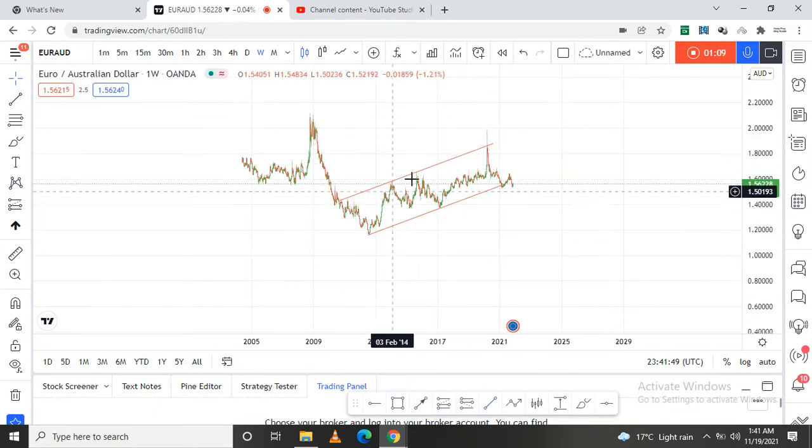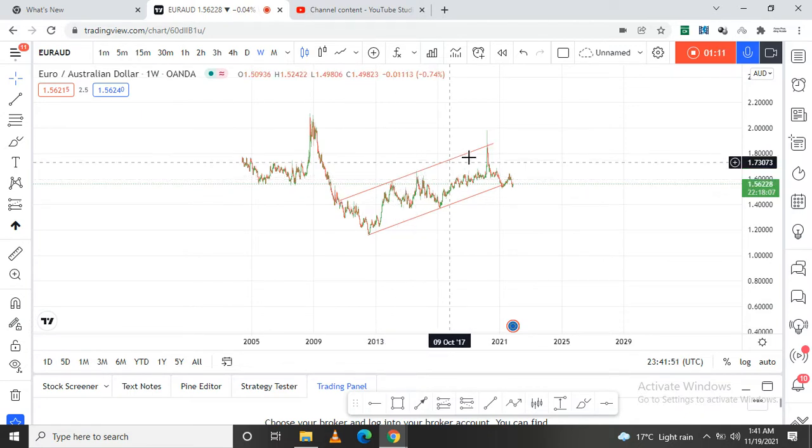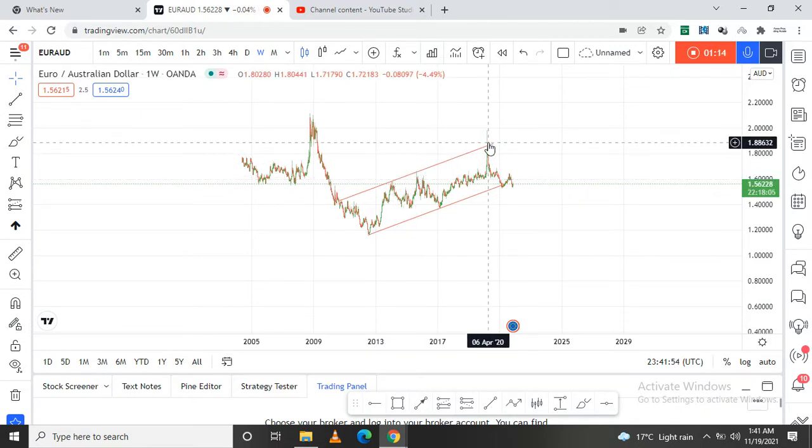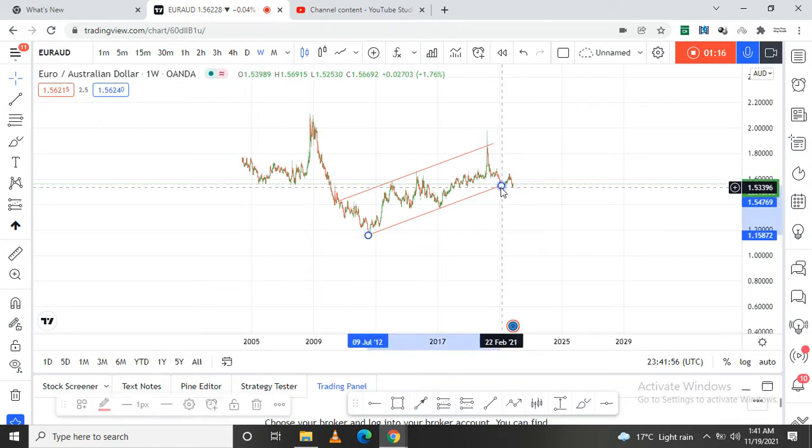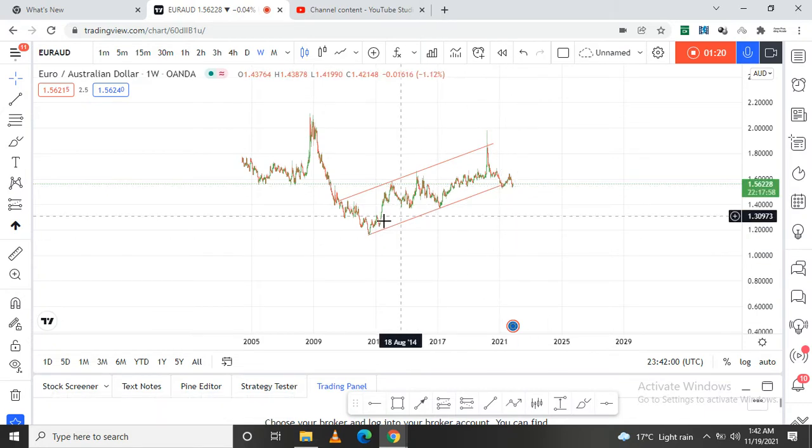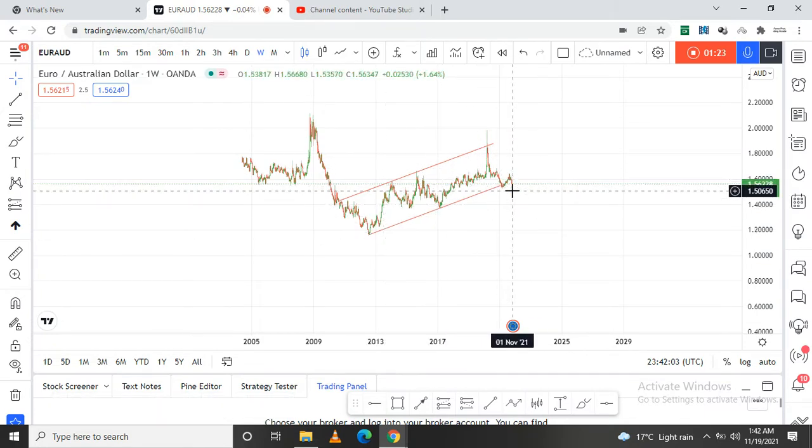You can see we have first touch, second touch, we have a third touch, and then we have our fourth touch. And then we had some sort of a breakout.